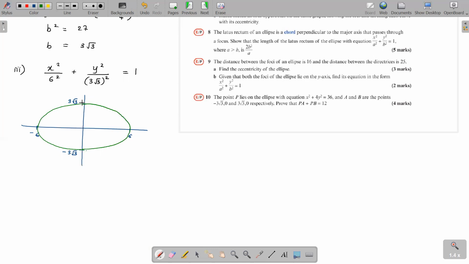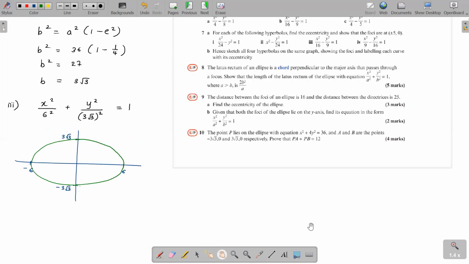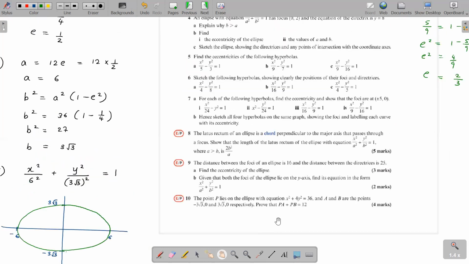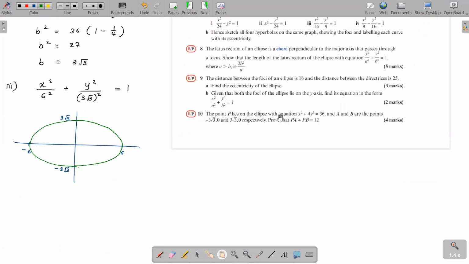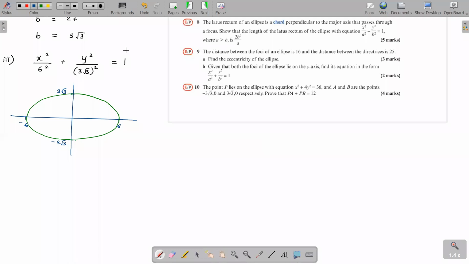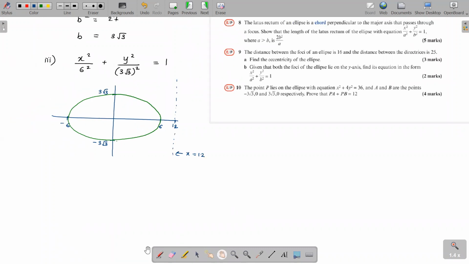So that's it. They want us to sketch the ellipse showing the directrices and any points of intersection. So they ask you to show the directrices as well. What was the directrix? x equals 12, and the other directrix is at x equals minus 12.